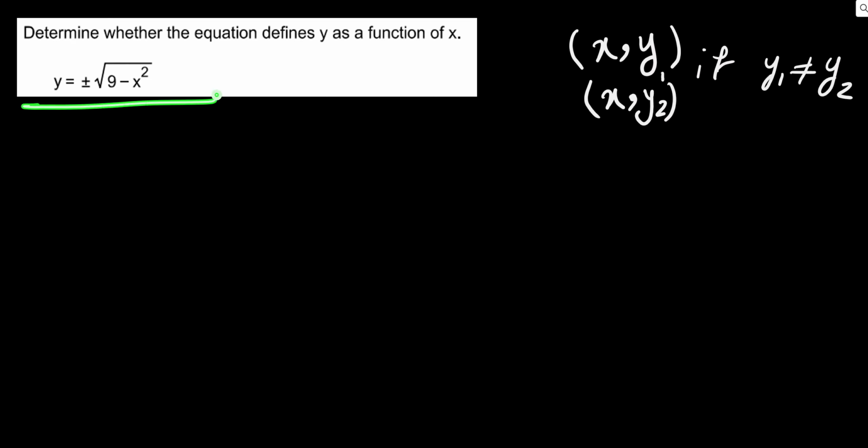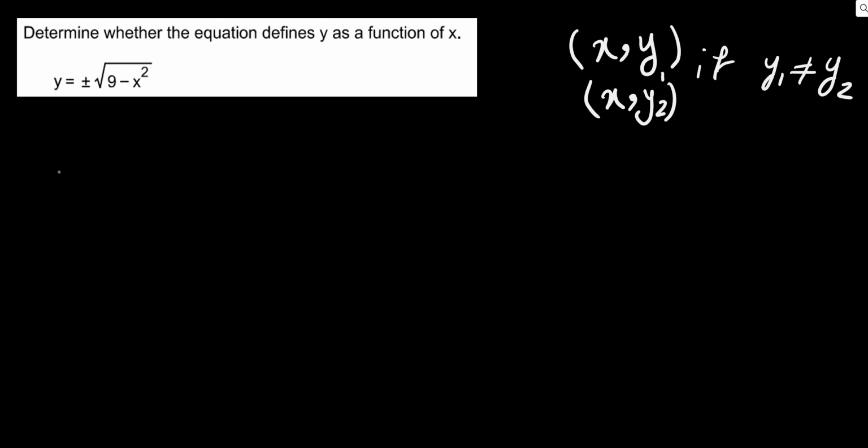Now let's go back here and check if this relation or this equation is a function of x or not. Here you see that we have y equals positive and negative square root of 9 minus x squared.